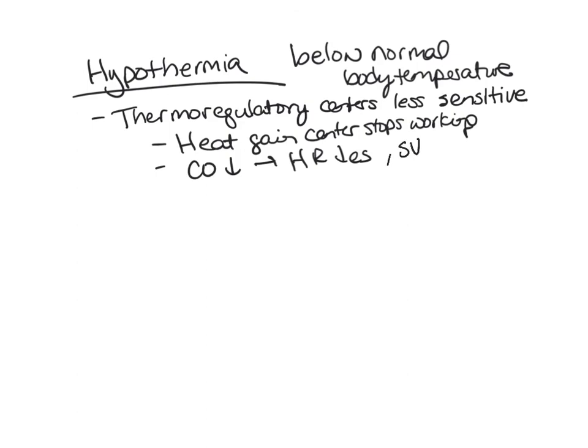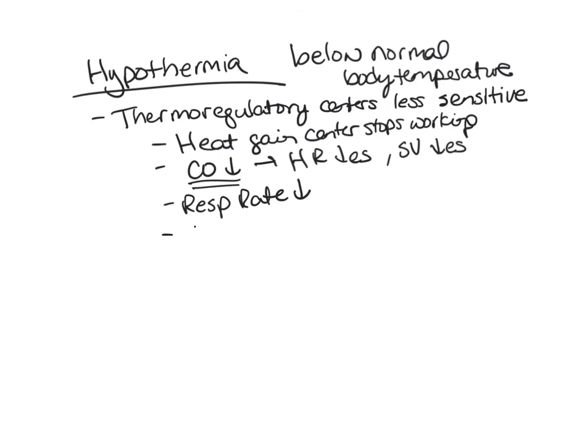and stroke volume decreases. The heart doesn't have to push blood to the tissues because the tissues aren't active, so they don't really need additional oxygen or glucose. And also the respiratory rate decreases. Again, the cells don't need oxygen if there's no activity there.